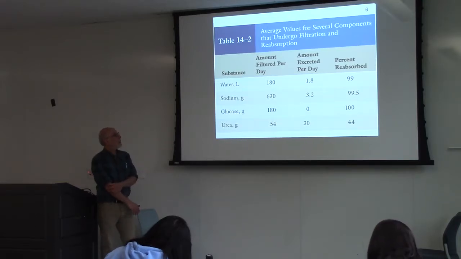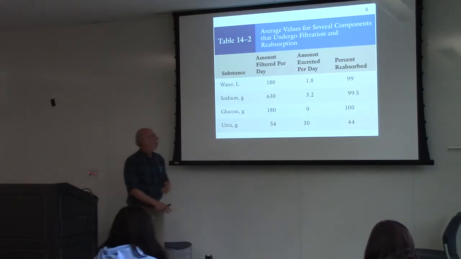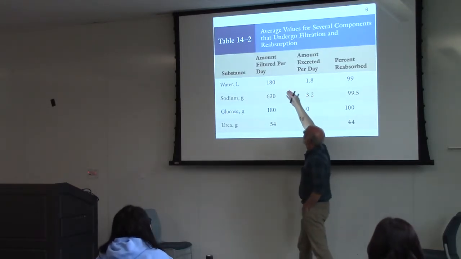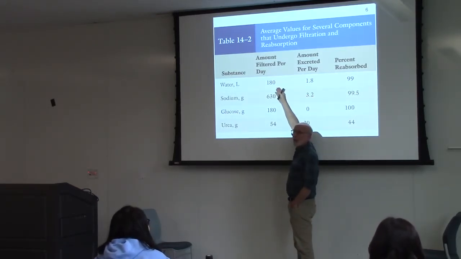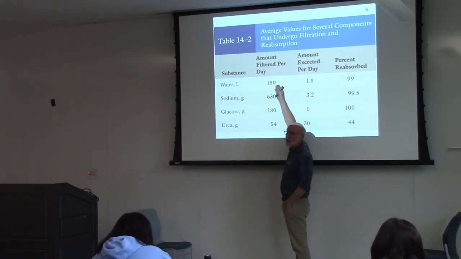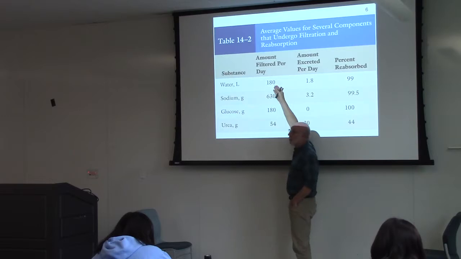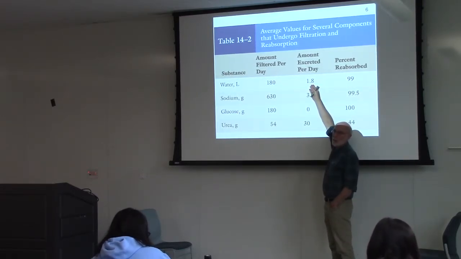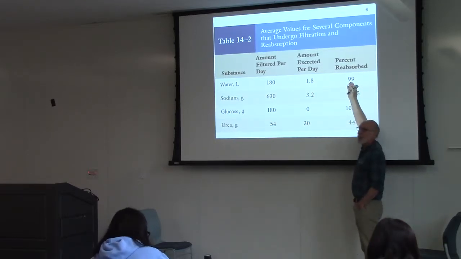Okay, so let's just talk, here's a slide from your textbook. I talked about how much water you filter per minute, right? 100 mL per minute. If you multiply that out, that's 180 liters per day. You excrete about 1.8 liters per day, and so that means you're recovering 99% of your filtered water.